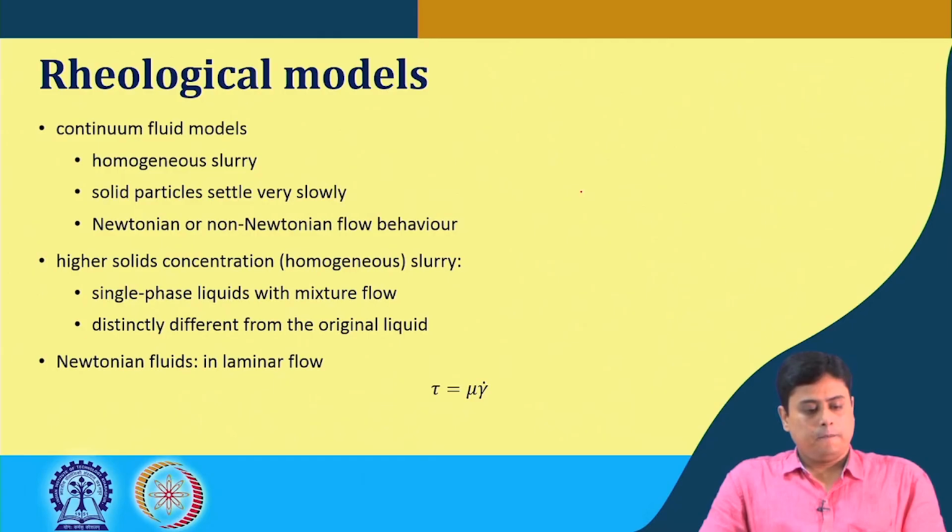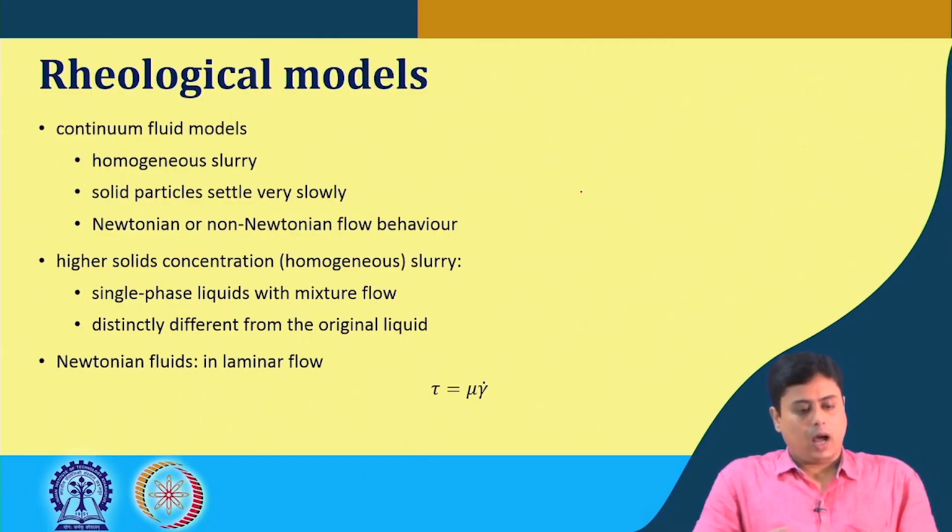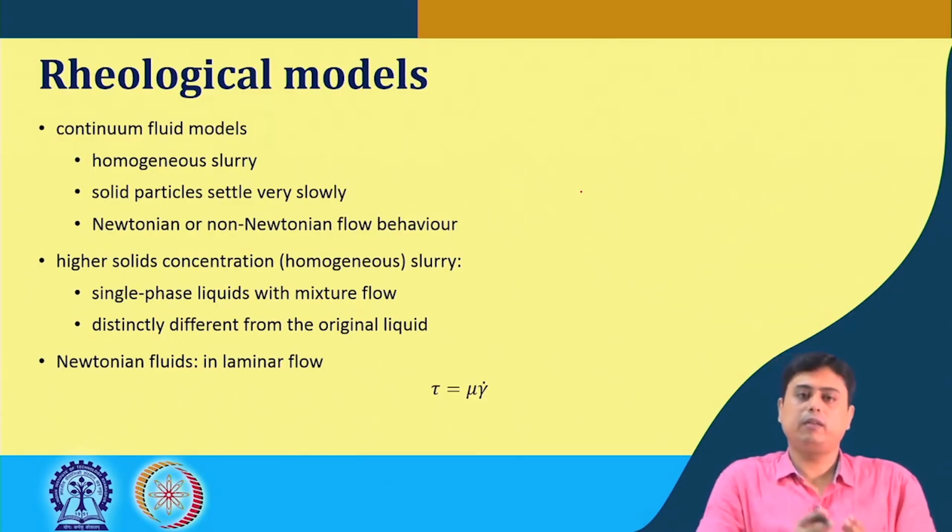So, at higher solids concentration the slurry is more homogeneous, because for a given particle size, as we increase the concentration, it becomes more homogeneous.